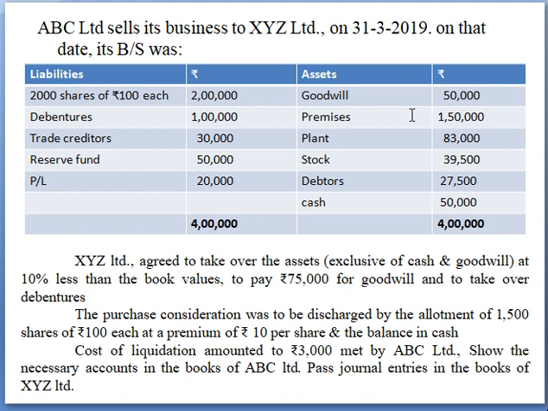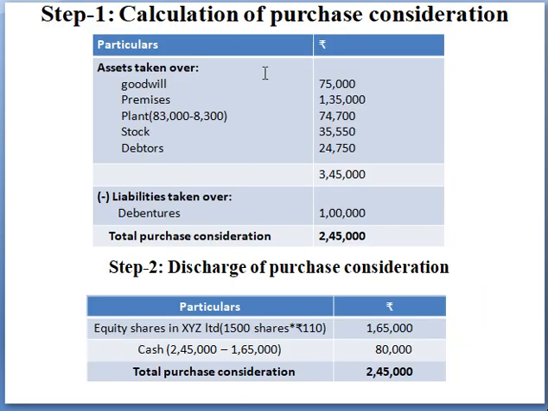So goodwill 75,000 and premises, that is 1,35,000 rupees. See here, in the purchase consideration we have done. See goodwill account debit 75,000, premises account debit 1,35,000. Plant account debit 74,700. Stock account debit 35,550. Debtors account debit 24,750.